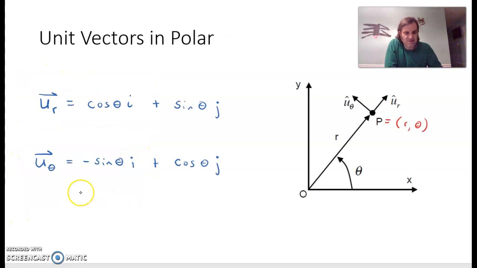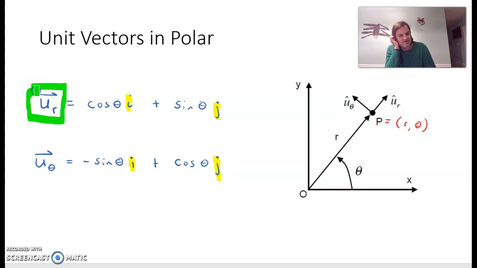Okay. But now we want to talk about unit vectors in polar coordinates. So in the xy system, our unit vectors are I and j, which you see here. So we're kind of relating that back to the rectangular system. But the actual vectors here that we're going to use for unit vectors are combinations of those.